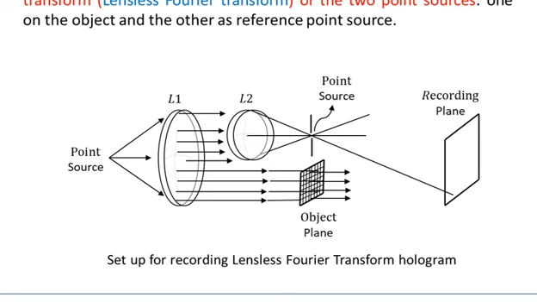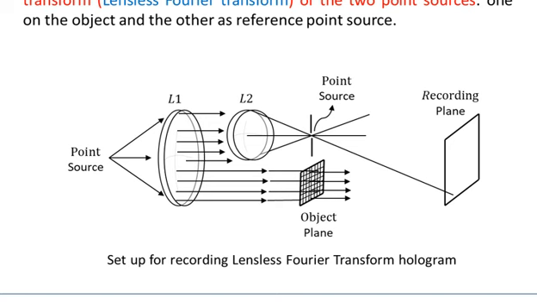You see that a point source exists at the front focal plane of the lens L1. So diverging wavefronts are incident on L1, and the lens L1 generates a plane wave after that towards the right. A part of the plane wave falls on the lens L2. L2 focuses the beam from L1 and makes a point source at its back focal plane.